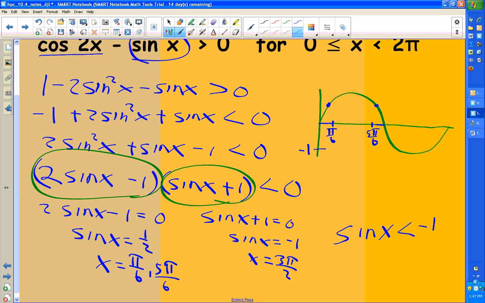So there's no way this can be a negative. Oh sorry, we want this one to be the positive, right? Yeah, we want this to be greater than negative 1. So we have a positive and a negative. We did the negative already.